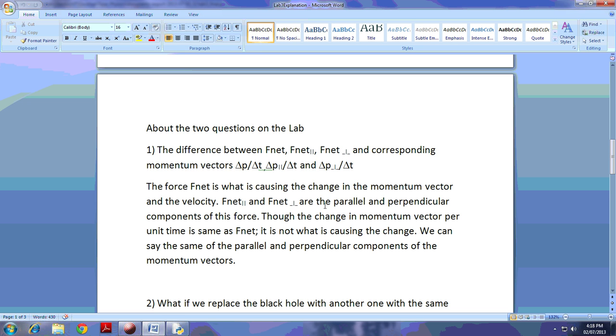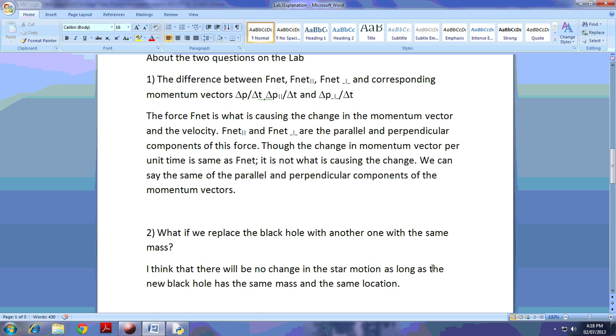F-net parallel and F-net perpendicular are the parallel and perpendicular components of this force. Though the change in momentum vector per unit time is the same as F-net, it is not what is causing the change. We can say the same of the parallel and perpendicular components of the momentum vector.